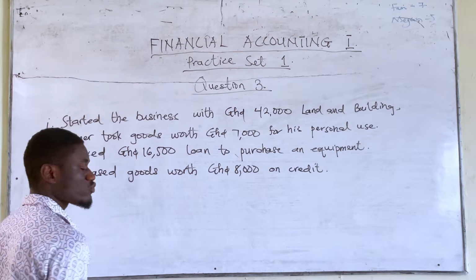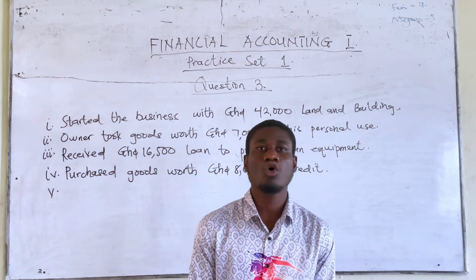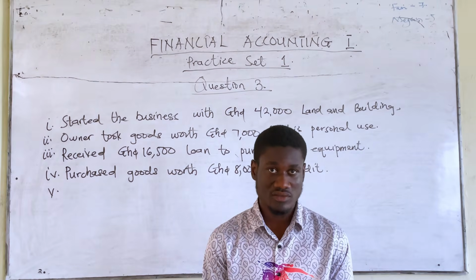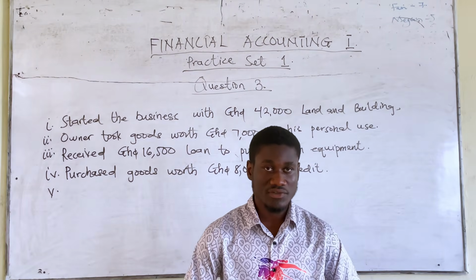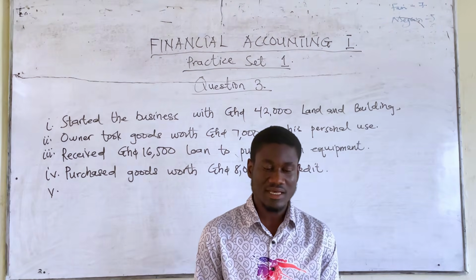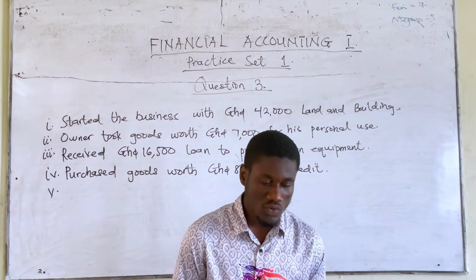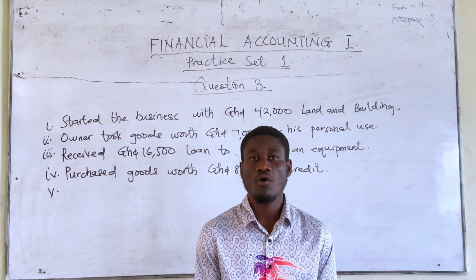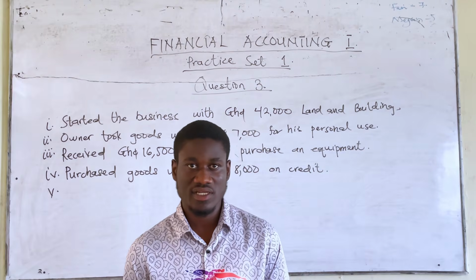So we can say that we sold goods costing 22,000, the stock that decreased was 22,000, and the increase in debtors was 24,000. So we sold goods costing 22,000 for 24,000 on credit.